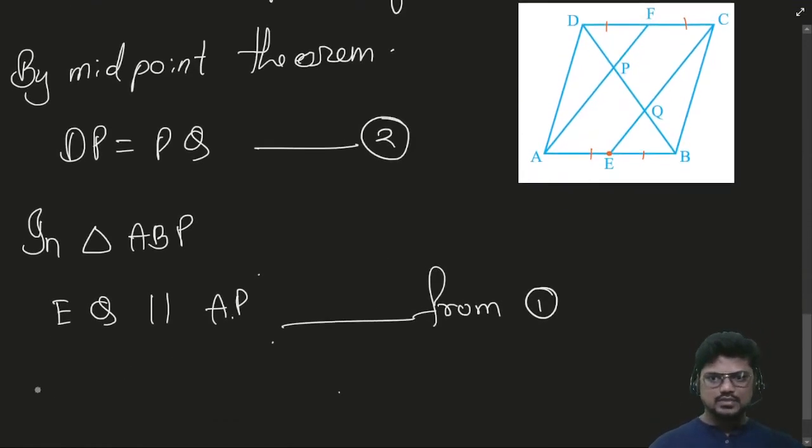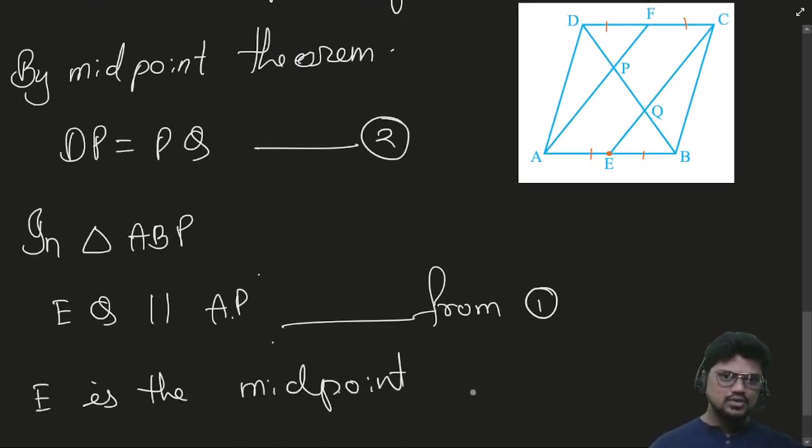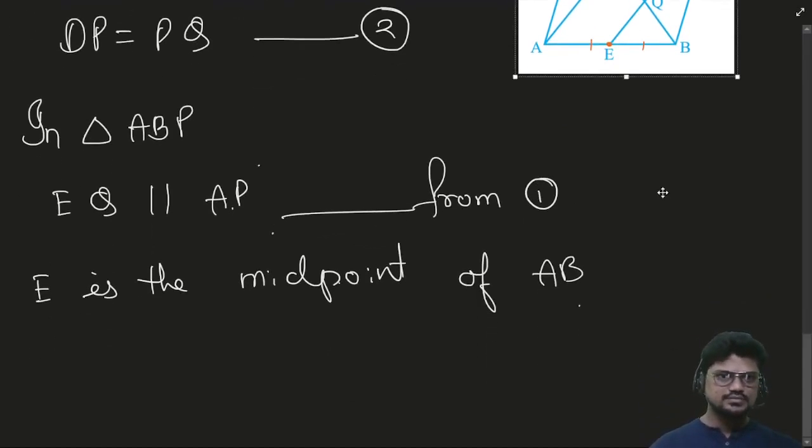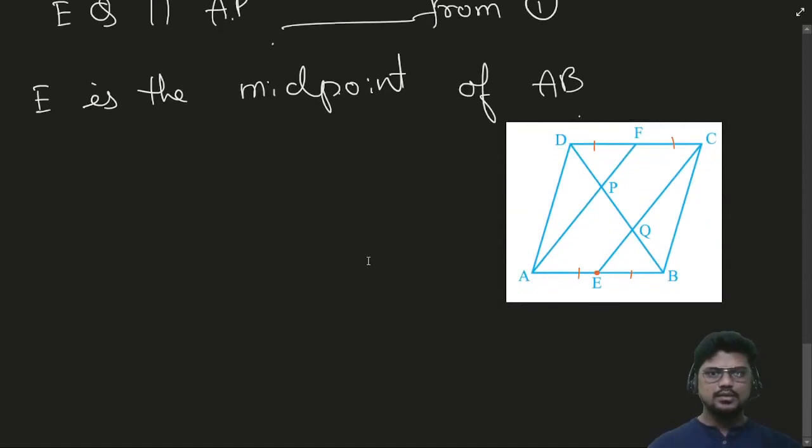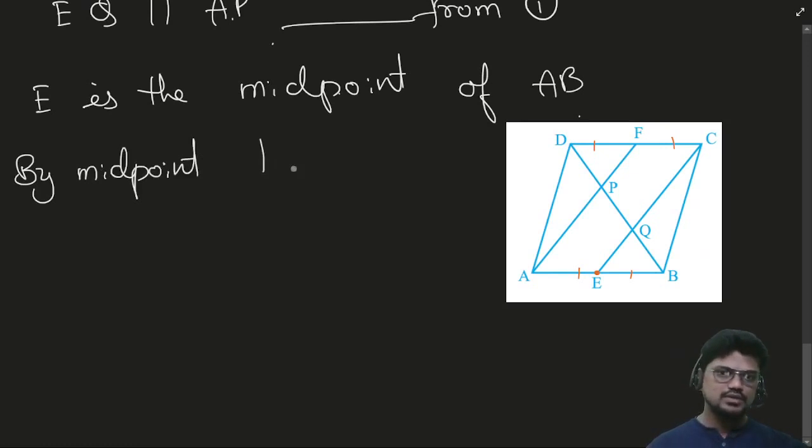E is the midpoint of AB. Therefore, by midpoint theorem, Q is the midpoint of PB.